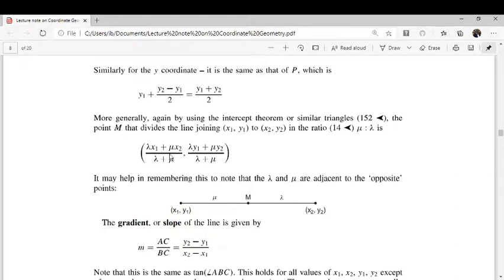Having gotten that, what you just do is that you are going to have this formula. I will not bother with it. You don't need to bother how to prove it, but just know that it's the intersecting theory. We call it the intersecting theory, when M is being divided into a ratio of mu and lambda. That mu can be 1, lambda can be 2. But just know that this is the formula you are using to divide when it divides between both points.